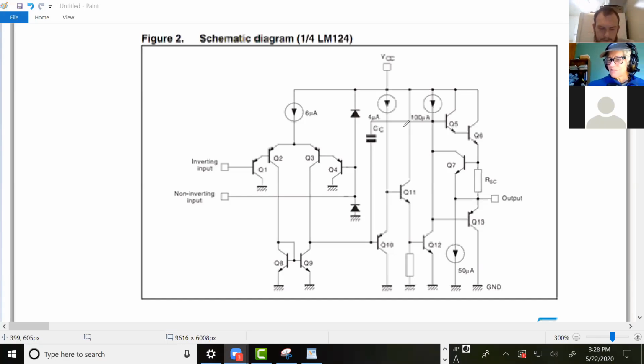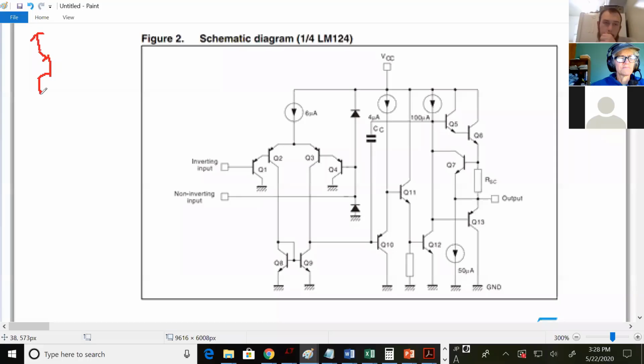Looked like this, and there's your current, and that would be this current right here. Okay, so that's this simple current mirror.